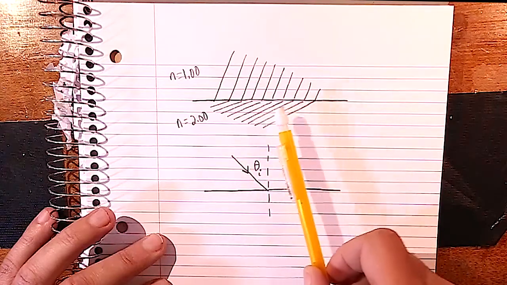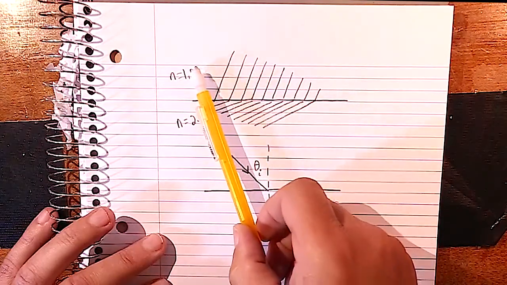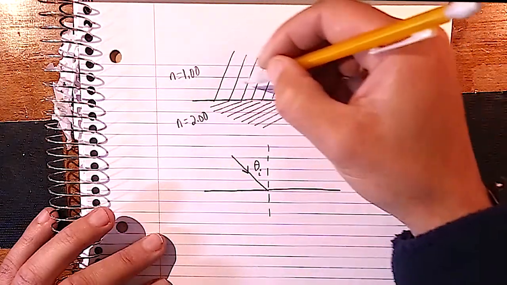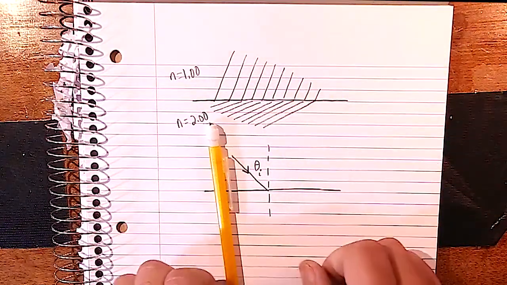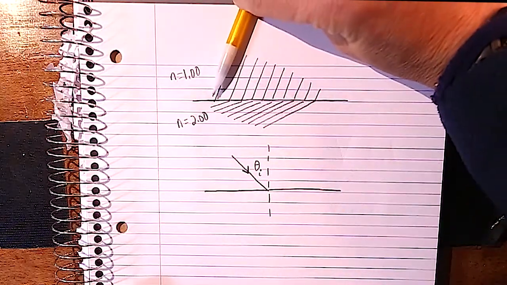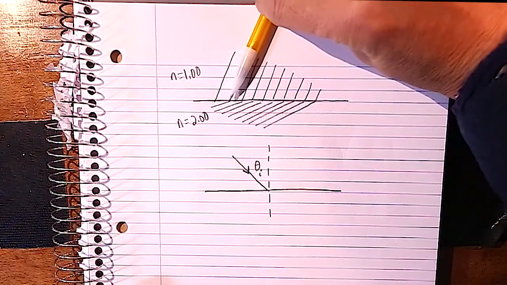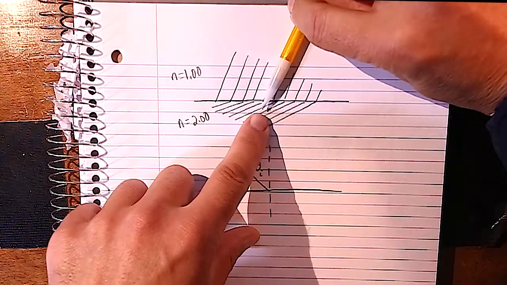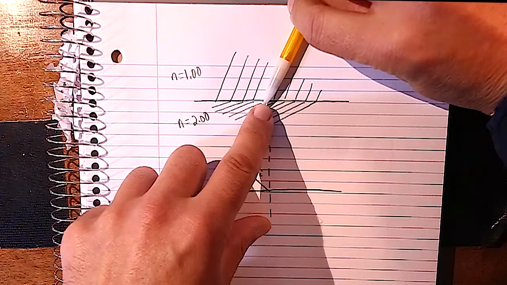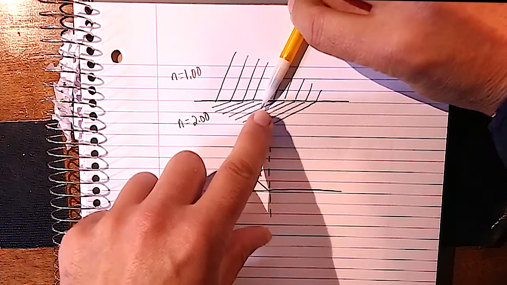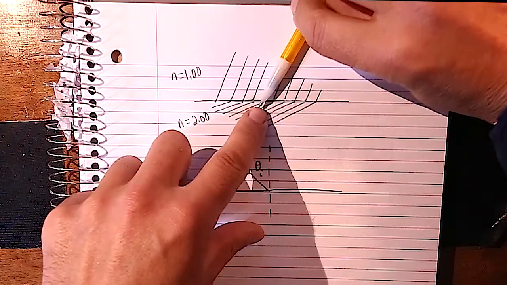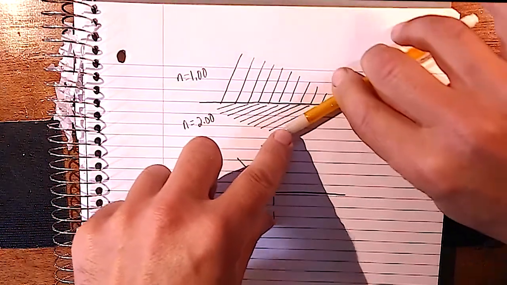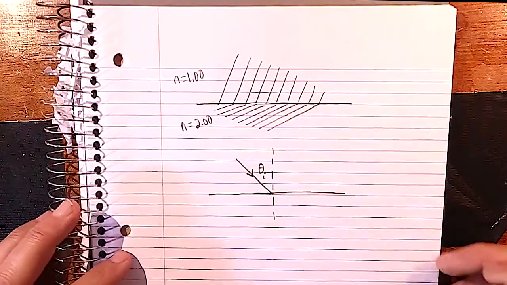Now, refraction will also occur if we went from a higher index of refraction to a lower index of refraction. We can see that they're oblique, and basically what happens is you can picture a light wave coming in like this. It's moving fast, and as soon as the bottom of the wave gets into the new medium, this goes more slowly. So as this starts to go slowly, it has to bend.